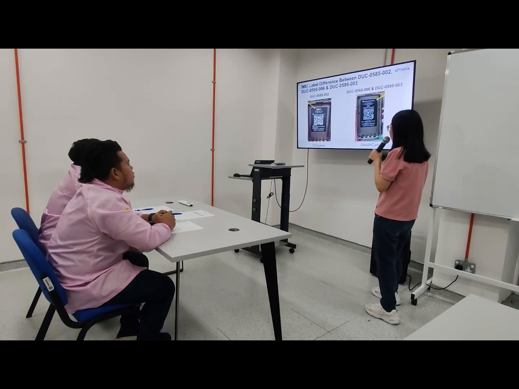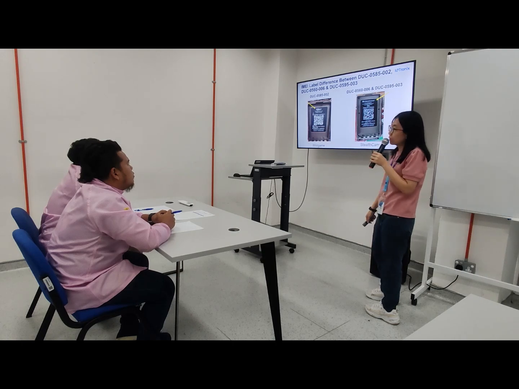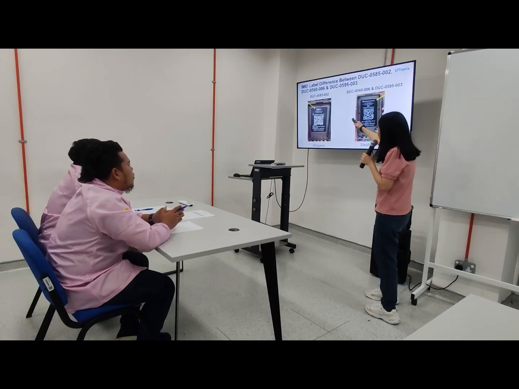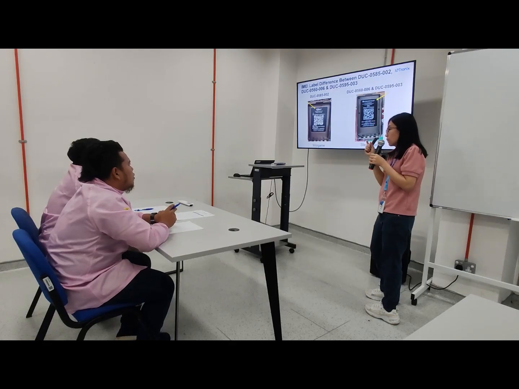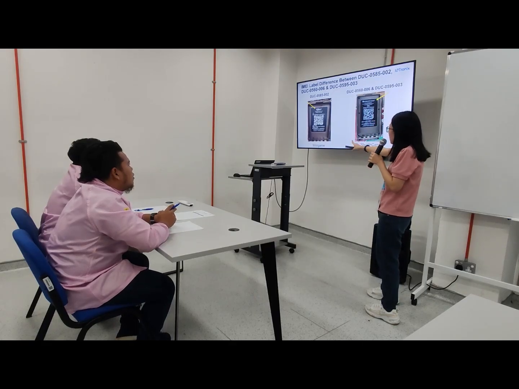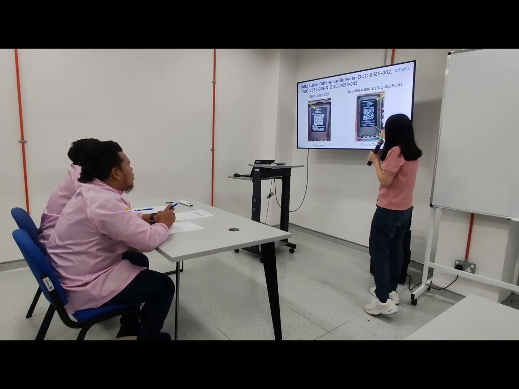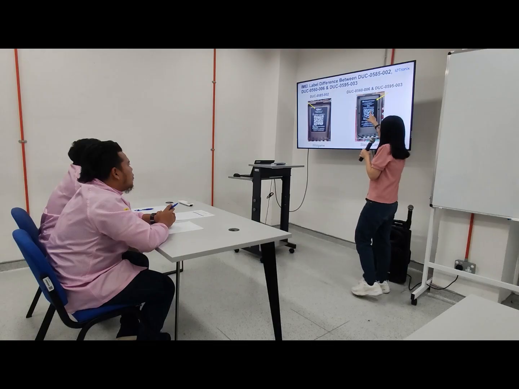Next is about the IMEI label differences. The IMEI label is also different. Like I said just now, for model 585, the name is here. So the label printed out must be the same as the logo on the outside casing. Only 585 is like this. 560 and 595 are all straight.